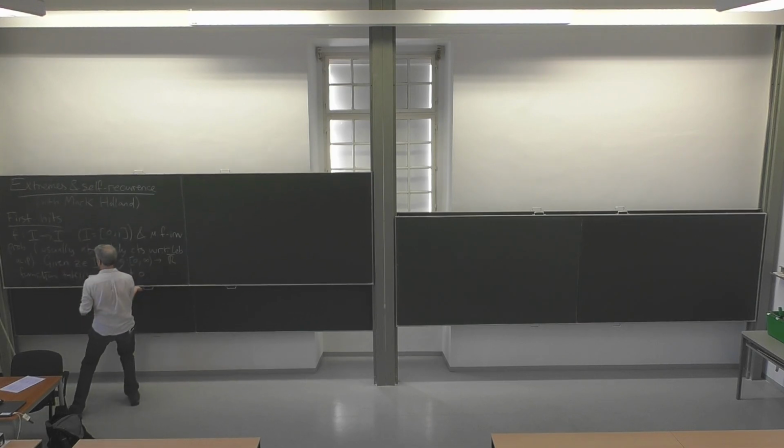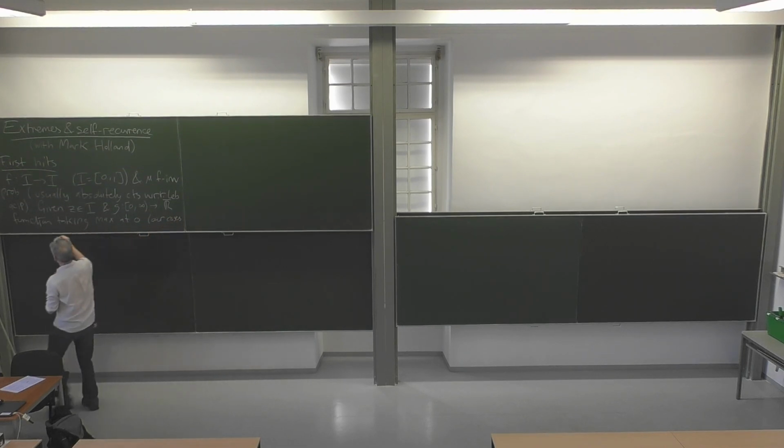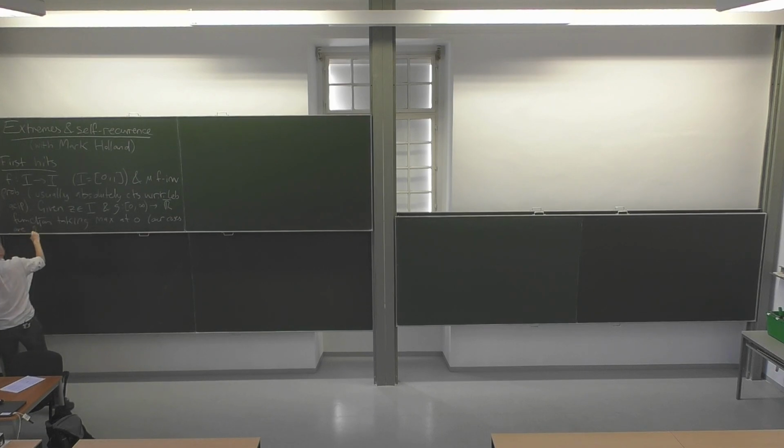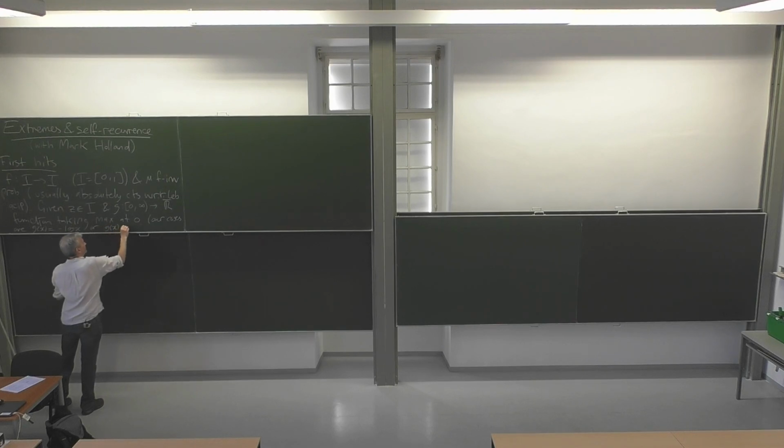And the standard cases we're going to see here are g of x is equal to minus log x. I'll mostly start with that one, and I'll mostly end up with g of x is equal to minus x.